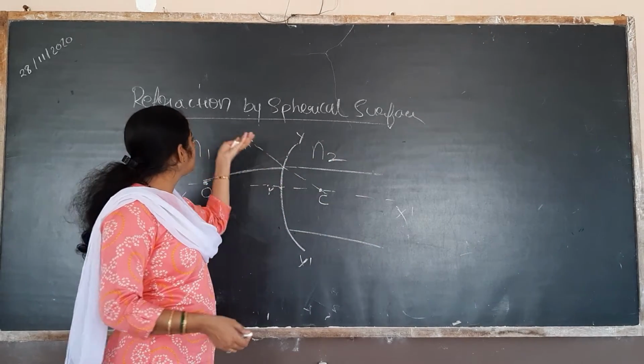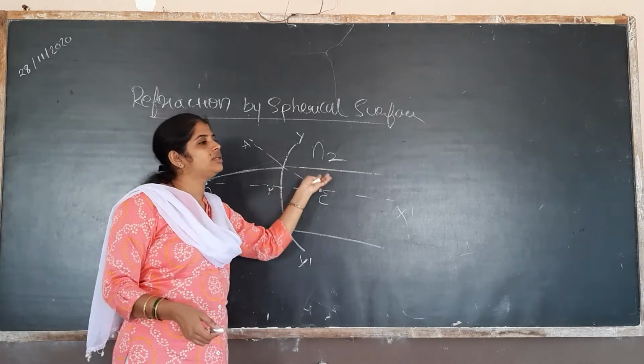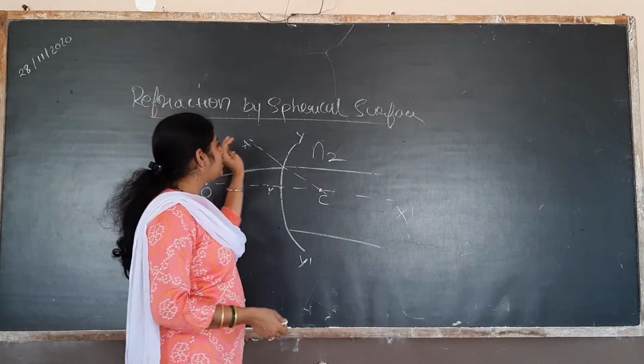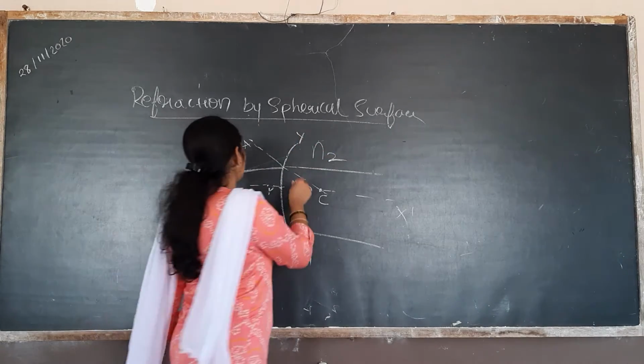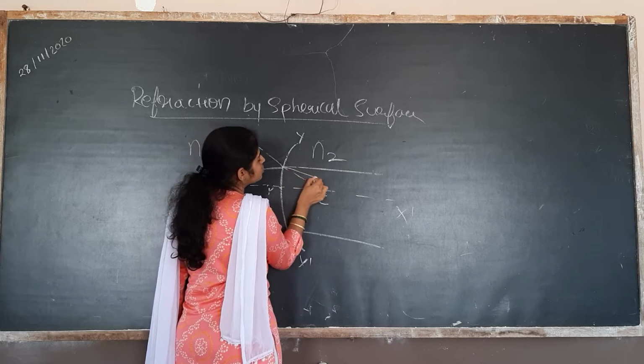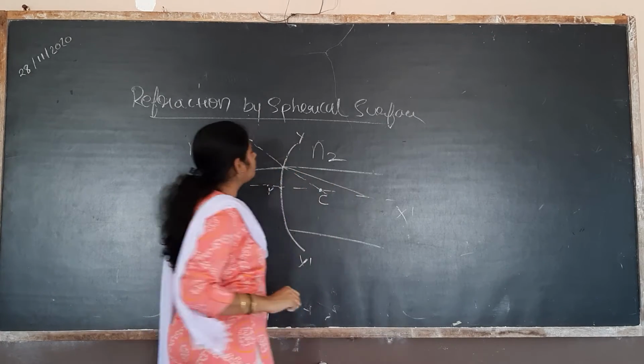If this is denser and this is rarer, it will bend away from it. Assume here this is rarer and this is denser, then the ray will bend towards the normal.